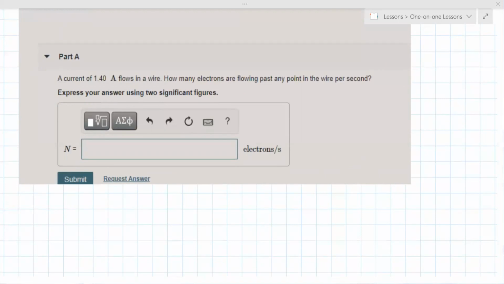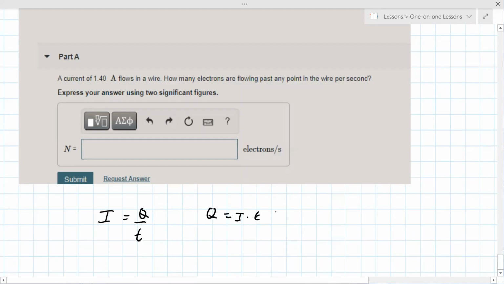Okay, so this is some sort of equation. It's like a one-step equation for current in a wire. So the formula is I equals Q over T. And then Q is equal to I times T. The current is 1.4, and they're saying in 1 second, so 1 second times 1.4.